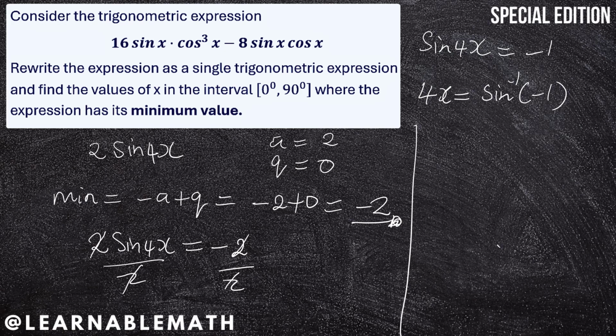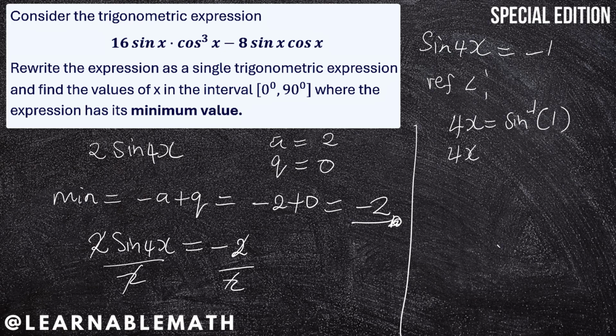Okay, so this one worked for me. What I'm gonna do is just find a reference angle, right? So I'm saying 4x is equal to arc sine of positive 1, because the reference angle must be positive, then it's giving me 90 degrees as the reference angle.